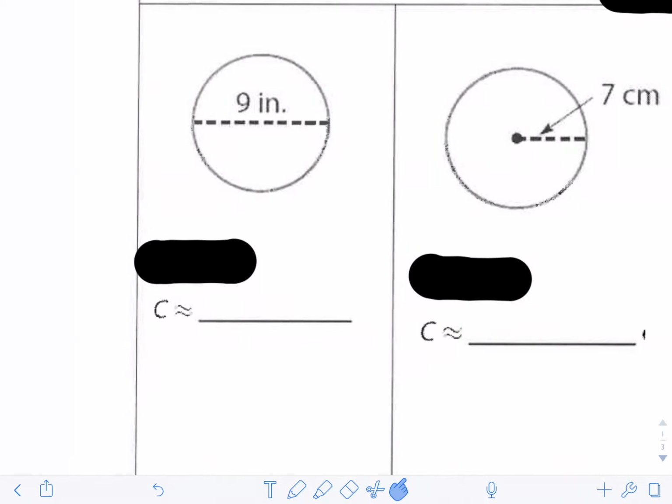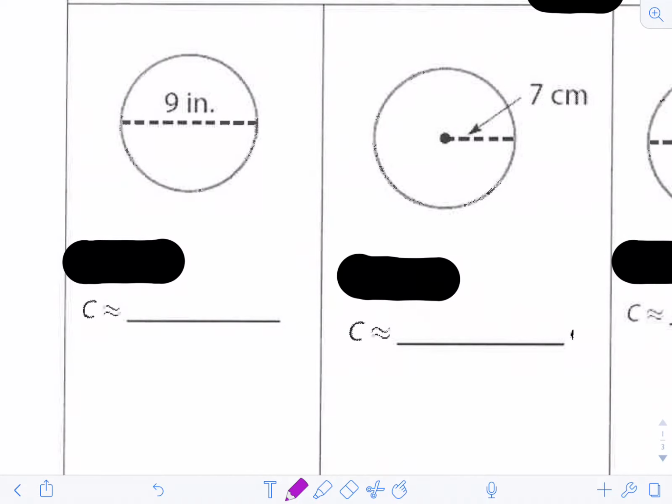My diameter is 9 inches. So that means my radius, if I divide 9 by 2, is going to be 4.5 inches.